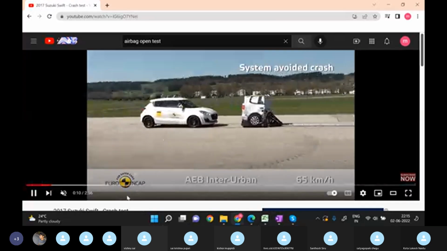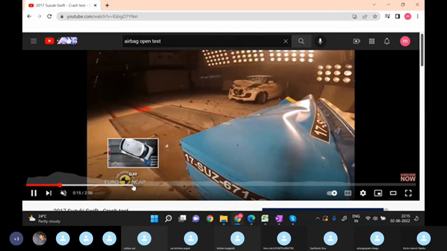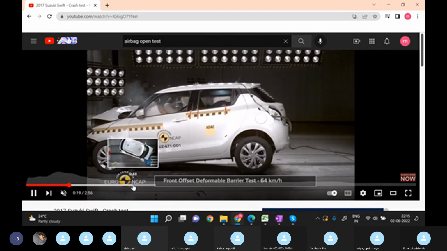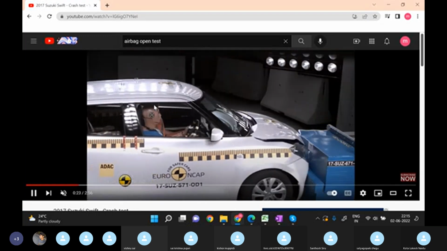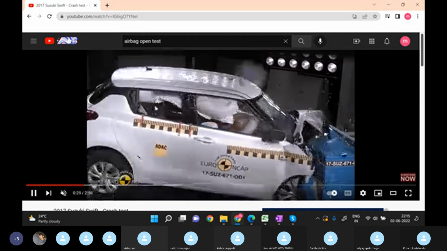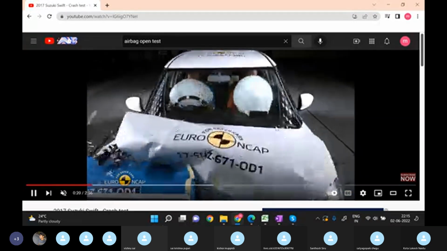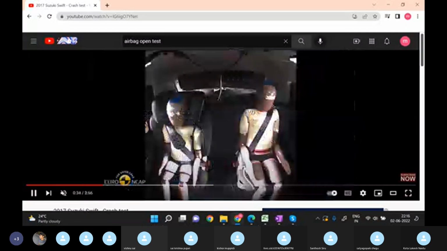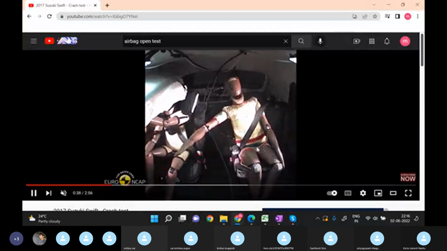For safer cars, Euro NCAP has to give the rating, and for that they have to do this kind of testing. You can see in slow motion also they will show. If it is hitting any hard objects, then airbags automatically open. See, all the airbags are opening. It depends on the impact. See, he should have worn the seat belts.